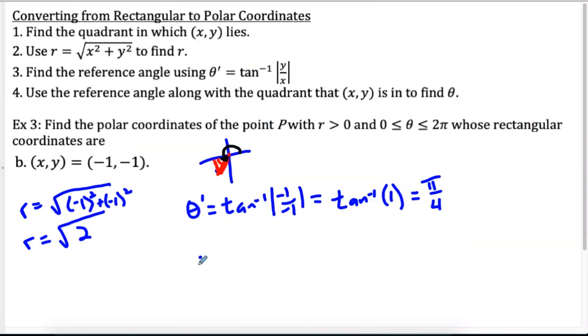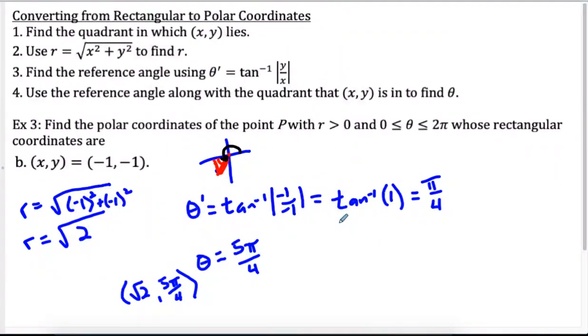So my final angle here would be 5 pi over 4. That means that my final answer, converting this point into polar coordinates, would be square root of 2, 5 pi over 4.